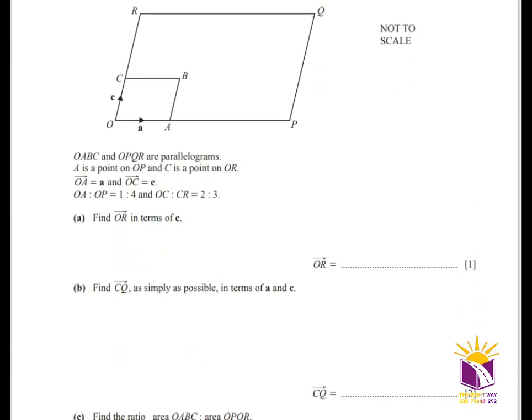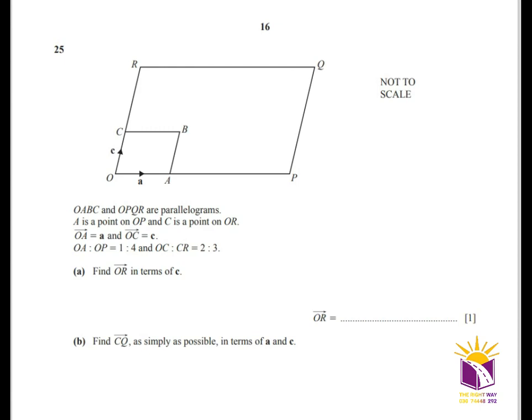Question number 25. OABC and OPQR are two parallelograms. One is the largest parallelogram and one is the smallest parallelogram. OA is equal to a and OC is equal to c.